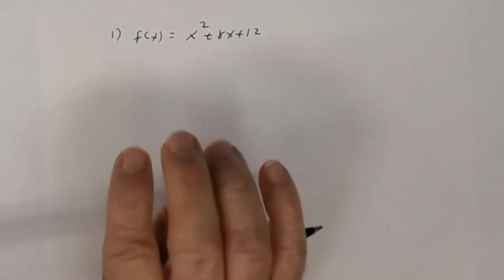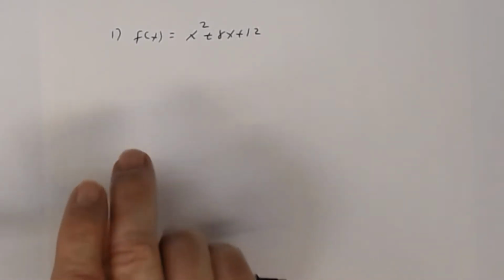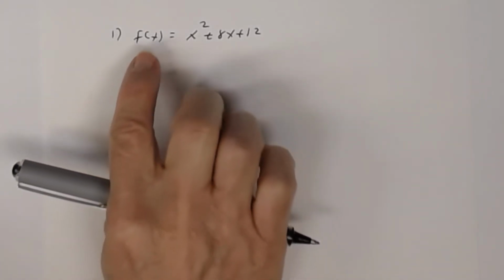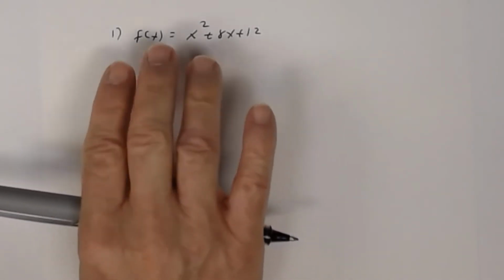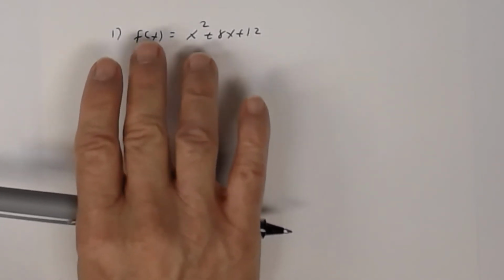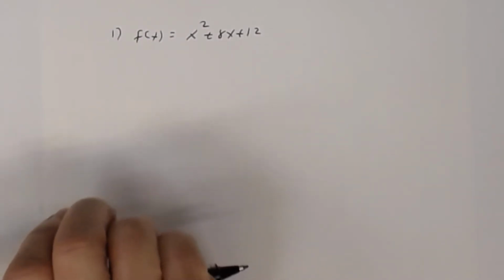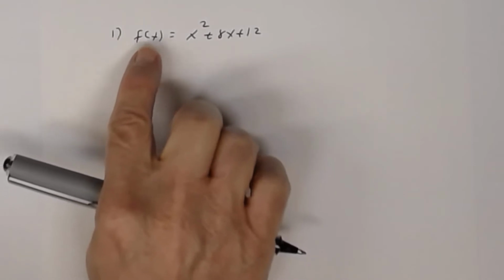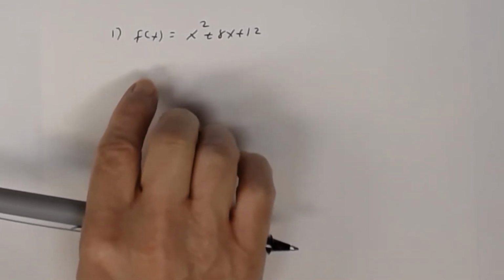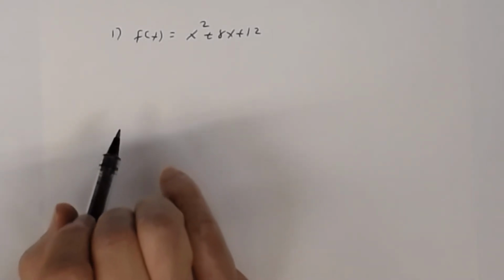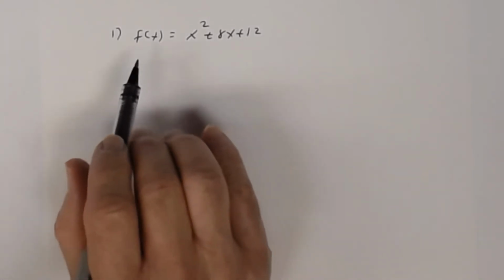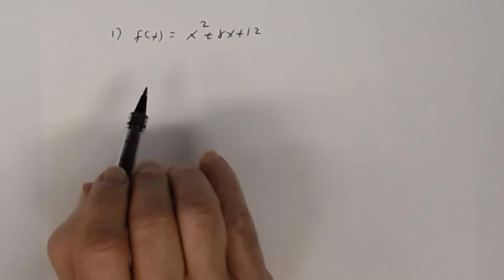Now what I would do first, and again it's up to you, but it is okay if you rewrite f of x as y, so that way you don't have these little parentheses floating around. If you want to rewrite f of x as y, you can. But I'm just going to go ahead and leave it as f of x for right now, and then maybe in one of the examples I may change it to y, but it doesn't matter.